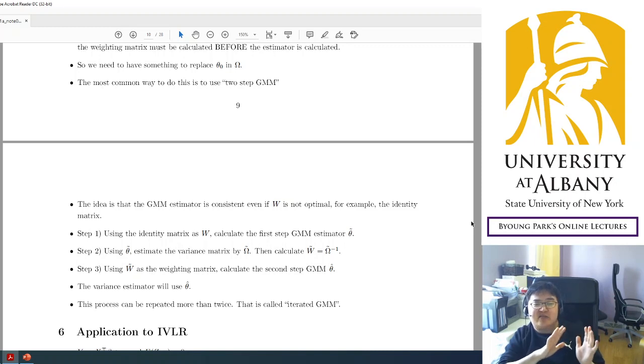So use any symmetric positive definite matrix as the weighting matrix, and find theta tilde. Theta tilde is the first step estimator using any matrix, but usually the identity matrix is used because it is the easiest way to find a simple estimator. And we learned theta tilde is consistent even if it is not efficient.